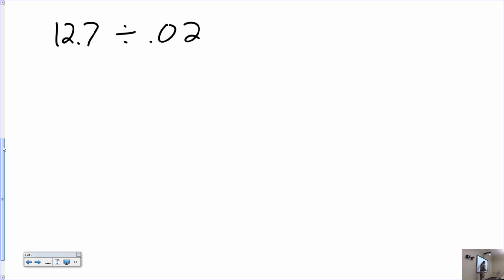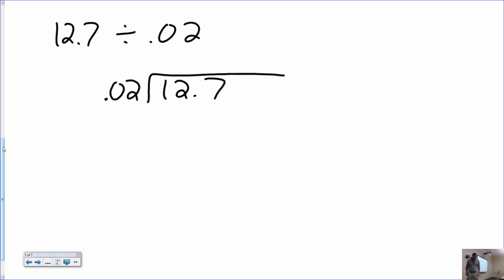What you're dividing by goes outside the house. What you're dividing into goes inside the house. Move the decimal point for 0.02 2 times. Do the same thing inside the house. 1, 2. Please note when you move the decimal too far, you're creating zeros.